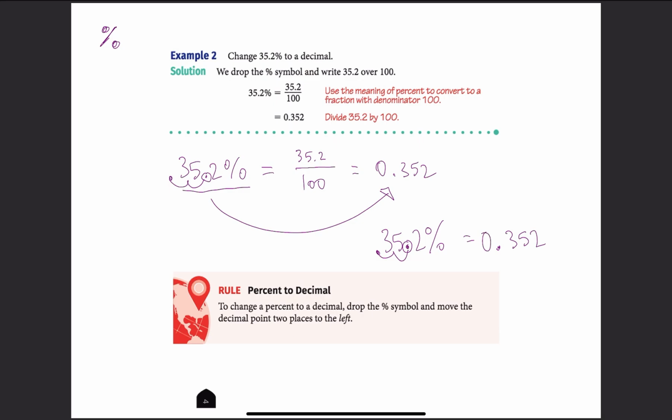But we should add a 0 so that we know that this is indeed a decimal point and that this number starts in the tenths place and not in the ones place. So you can take this shortcut, this rule here, as the book calls it, where you drop the percent symbol and you move the decimal 2 places to the left. Or you can remember that percent means out of 100. You can write it as a fraction, then do your division.